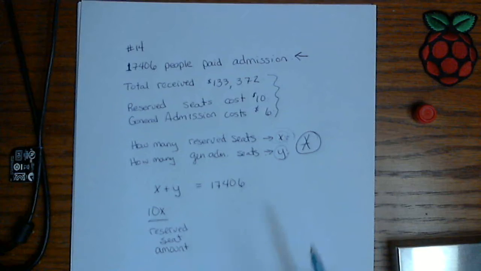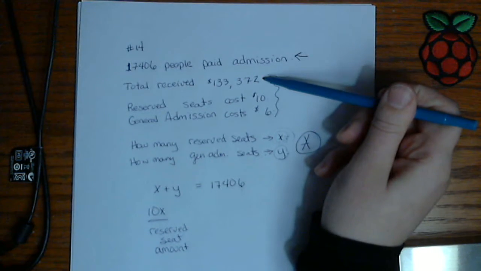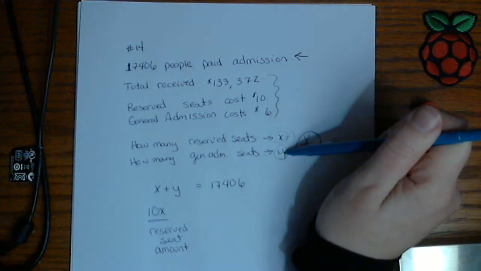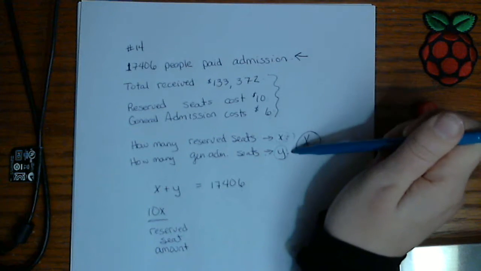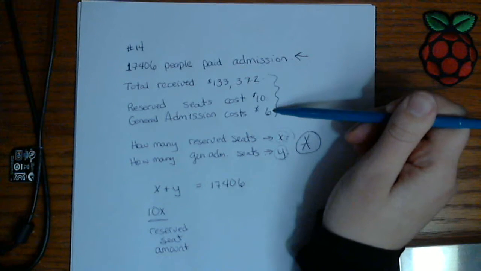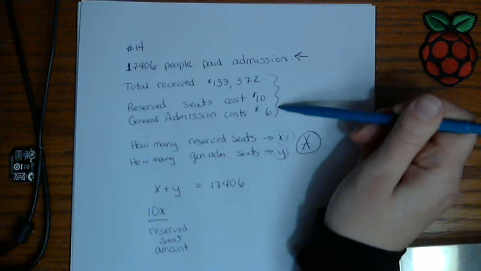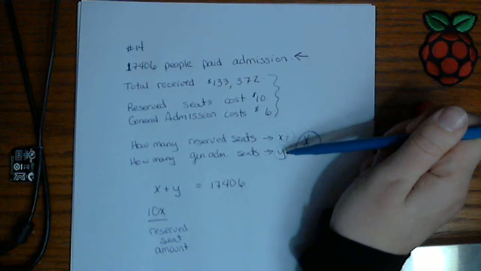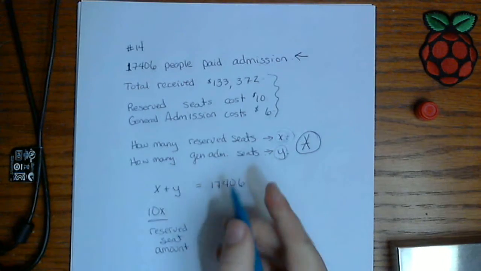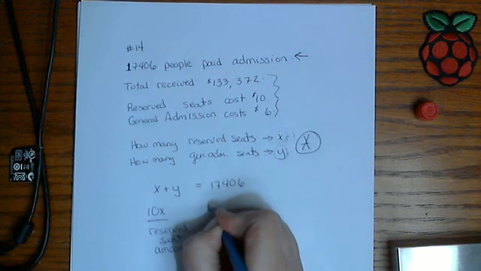Okay? But that's not the only place where we got money. Remember, we had a total of $133,372. We also got some of that money from the general admission seats, and those cost $6 each. So if you're really following closely along and understanding everything we're saying, you know that the total amount received just from the general admission seats would be 6 times the number of general admission seats. In that case, this would be 6Y.